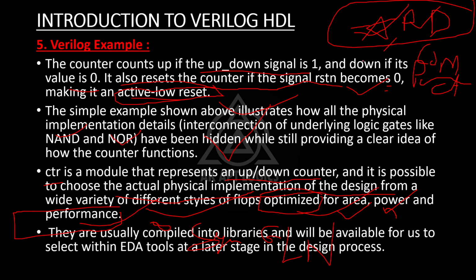Okay, they are usually compiled into libraries and will be available for us to select within the EDA tools at a later stage in the design process. So there are many libraries like 2 nanometer technology, 3 nanometer, 45 nanometer, 90 nanometer, 180 nanometer technology, and GPDK files will be there.